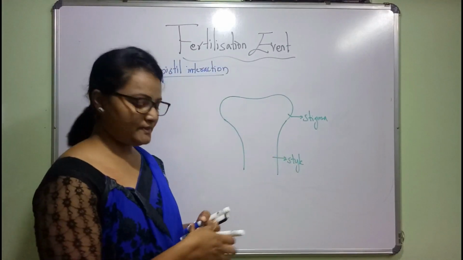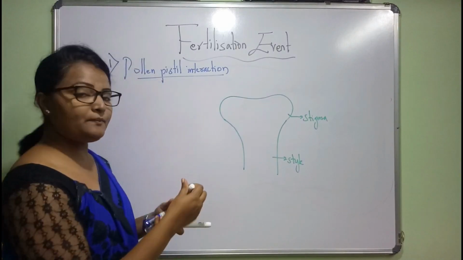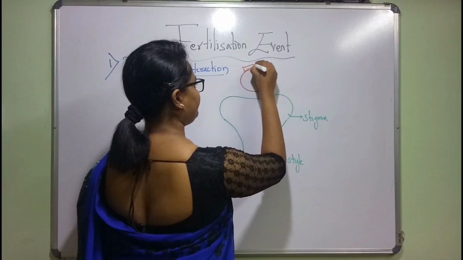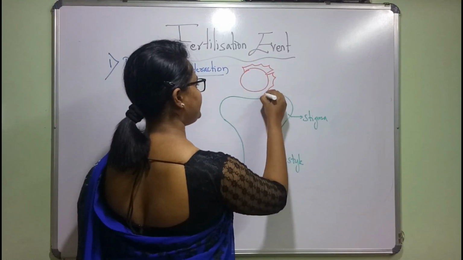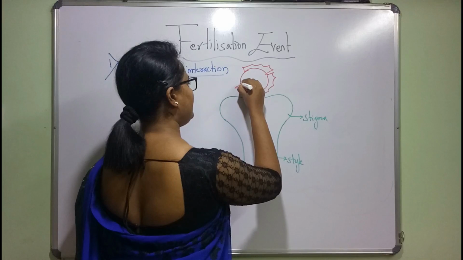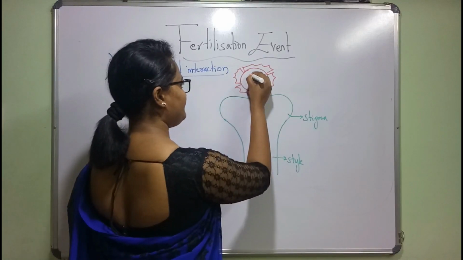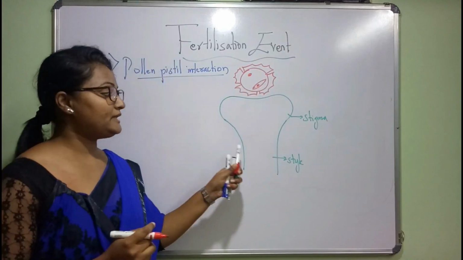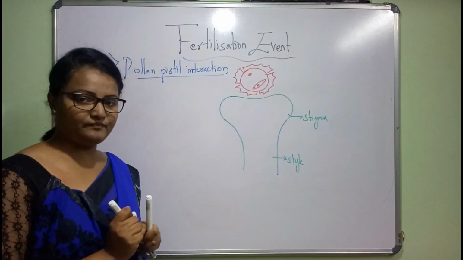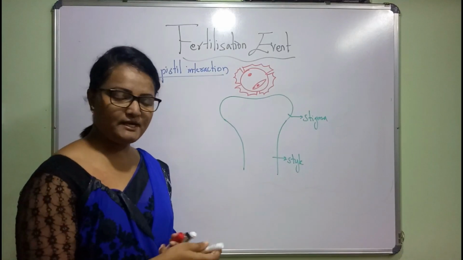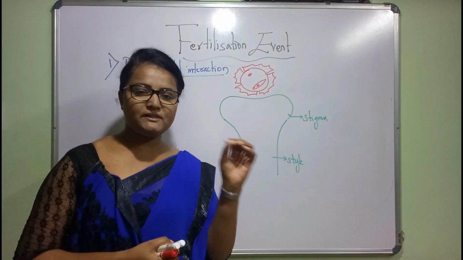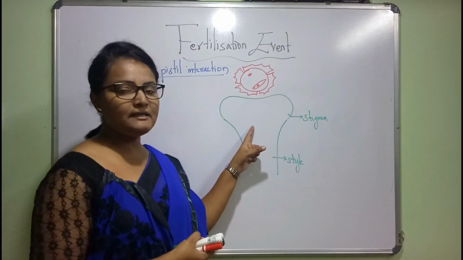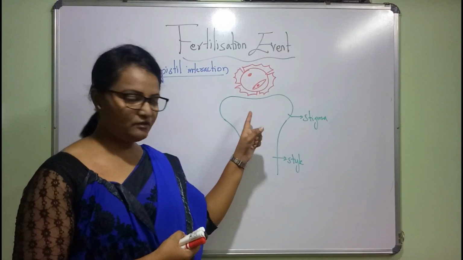What happens during the pollen pistil interaction? The pollen grains which are dusted on the surface of stigma should be recognized by the help of the surface of the stigma. Because we have already studied, there is some compatible, incompatible interaction between pollen grain and the pistil, that is stigma part of the pistil.